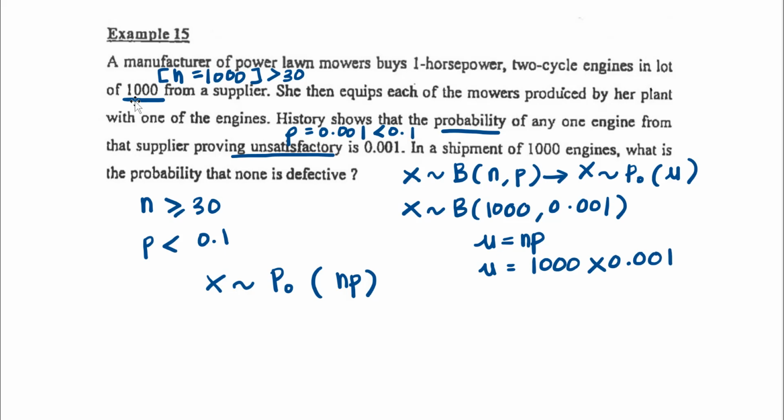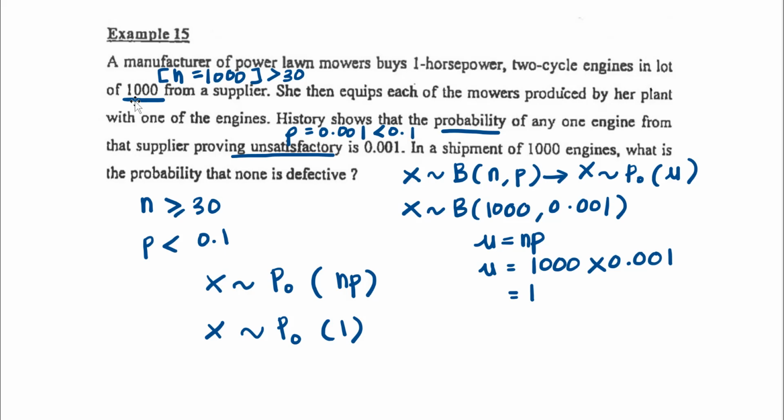Then we get our new mu equal to 1. So our Poisson approximation has the mean 1.